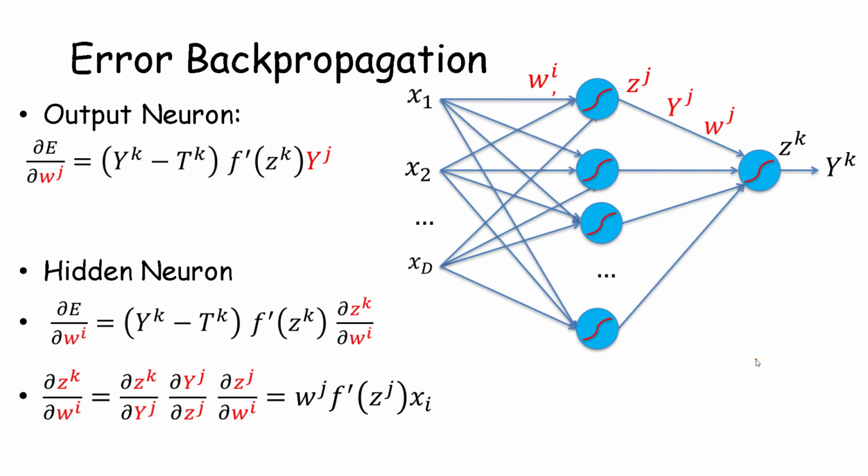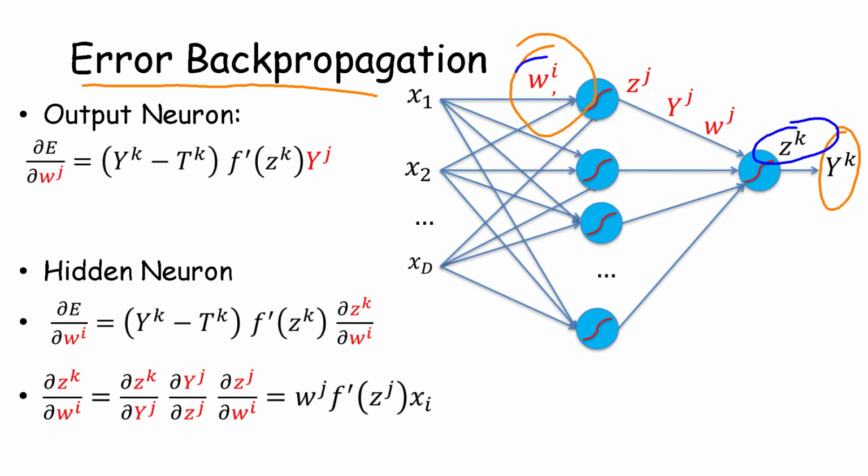Let's take a look at the derivative of the error for the hidden unit weights. The influence of the hidden weights on the final output is indirect. We use a method called error backpropagation, which is just a fancy word for applying the chain rule in calculus. To find the derivative of the total signal Zk in the output neuron with respect to Wi in the hidden neuron, we make use of the intermediate variables that link them together.